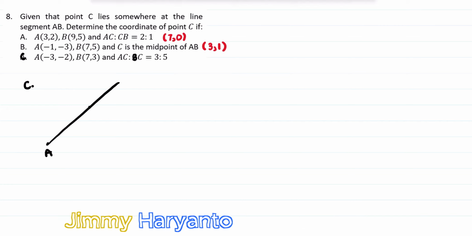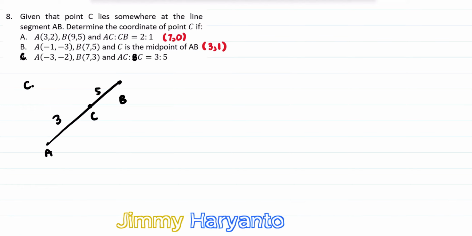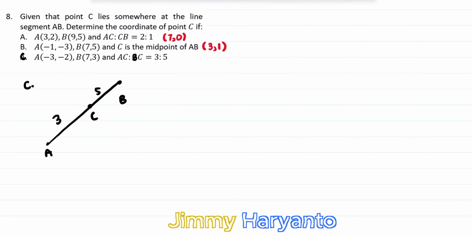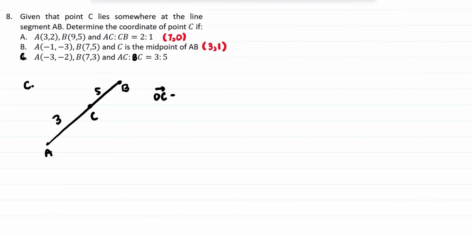This one is A, this one is C, this one is B, this one is 3, and this one is 5. But this time I will use the easier way to find the coordinate of C. So OC equals, take a look at the 5.